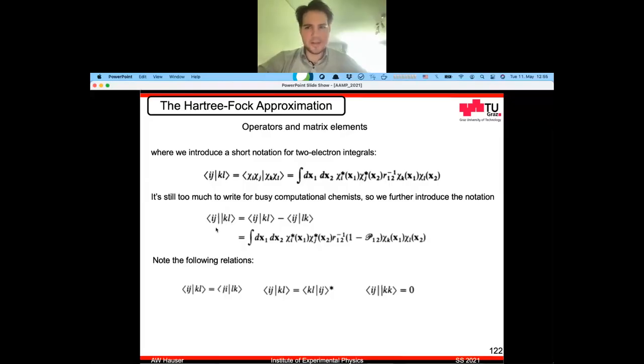So if there's this double bar in between, it just means it's the Coulomb integral and then also the exchange integral. If you look at the positions of the indices, for the Coulomb you have ij meeting kl.